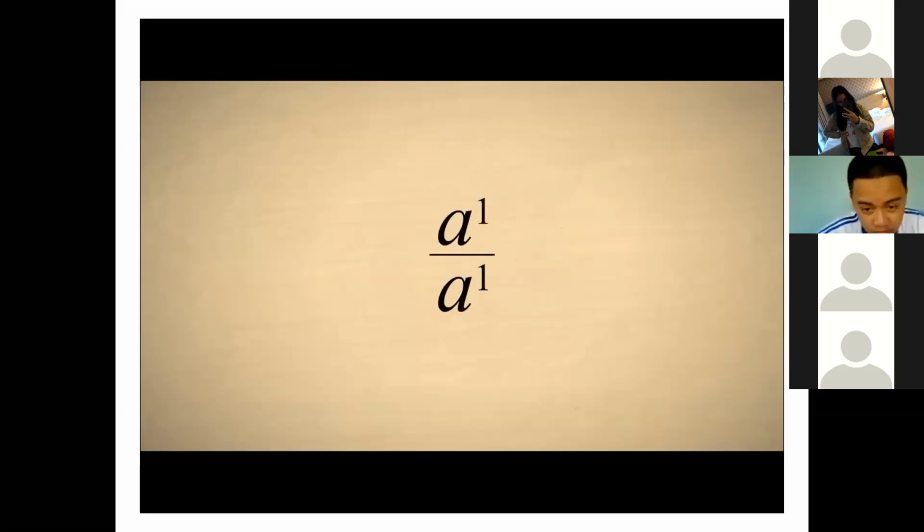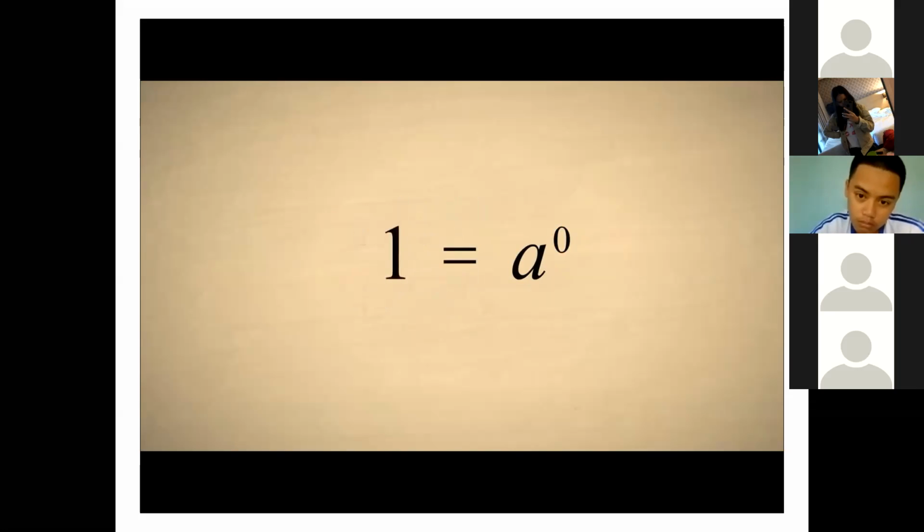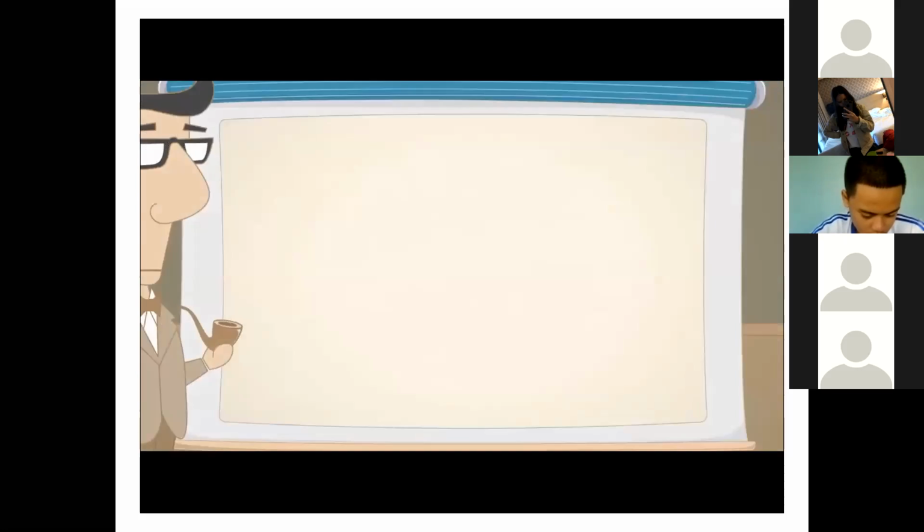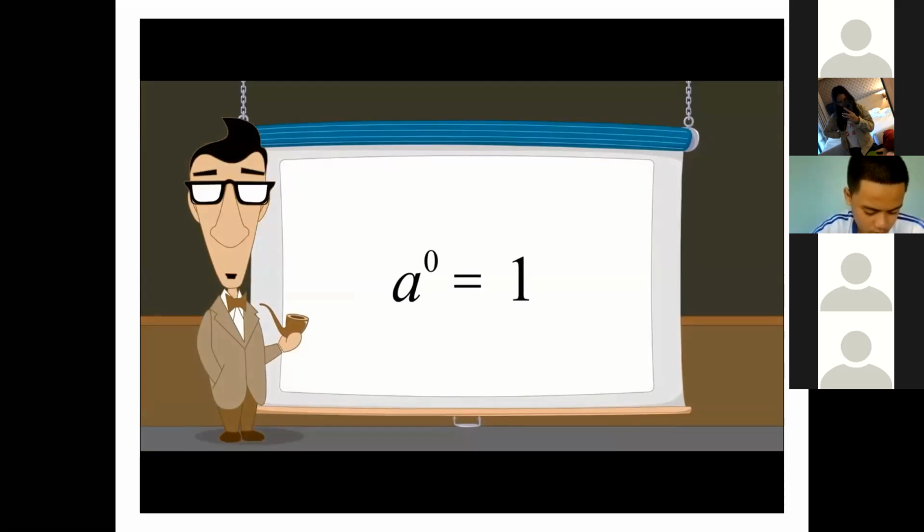To find out what an exponent of 0 would mean, let's divide a to the first power by itself. Subtracting the exponents, we get a with an exponent of 0. Of course, any fraction where the numerator and denominator are the same is equal to 1. So we see that any number with a 0 exponent is equal to 1. There is one caveat to be aware of.